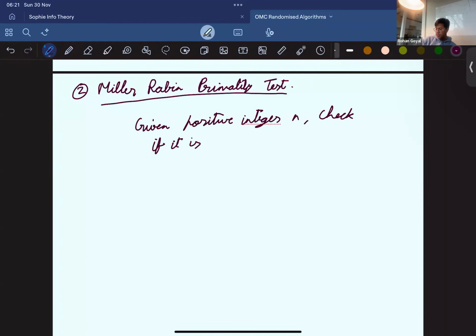One thing to note is, of course, it is easy to do this if you run in time polynomial in n. And you might have seen ways of doing this if you run in time almost root n. What I want you to do is run in time polynomial in log n. So polynomial in the number of bits taken to write the number, because the size of my input is just the number of digits taken to write n.